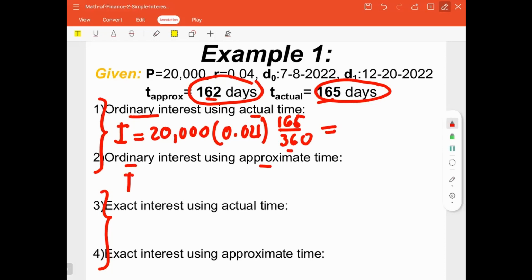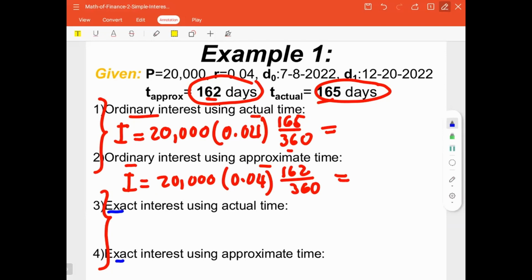But of course, we'll be using the 162 days. So this will now be equal to 20,000 pesos times the rate of interest. Now, this is approximate time, so what we computed earlier is 162 over 360. And we'll simplify this later on. On the other hand, for the third and fourth methods, we'll be solving for the exact interest.